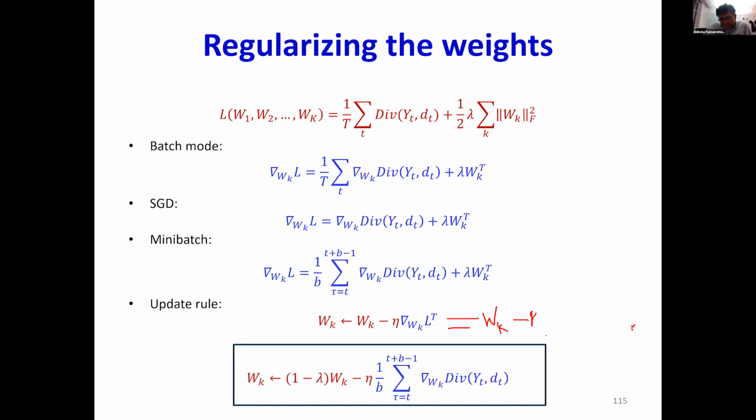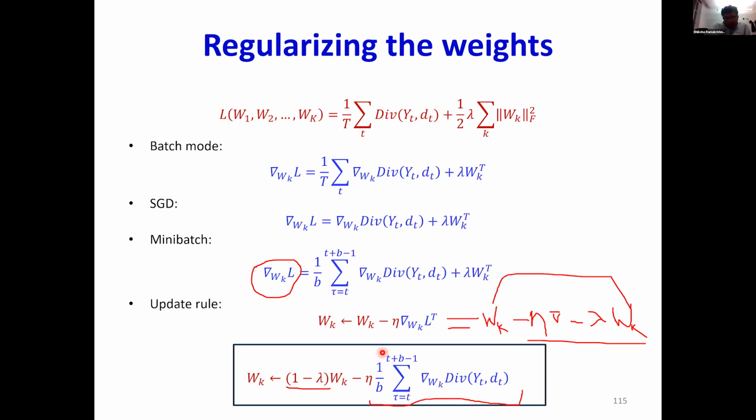This is what we get, because the second term is the derivative of this guy. When you group it all up, I can just write it as (1 minus lambda) times W_k, so I'm grouping these two terms. The other term is just the standard derivative that you get when you minimize your loss function.